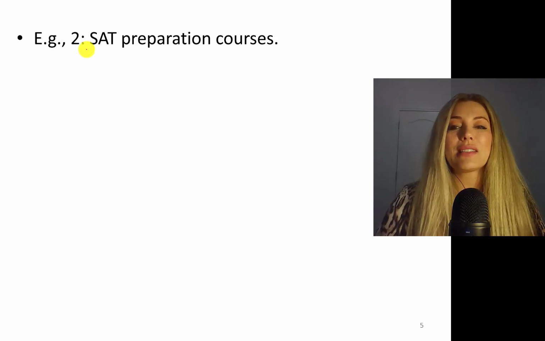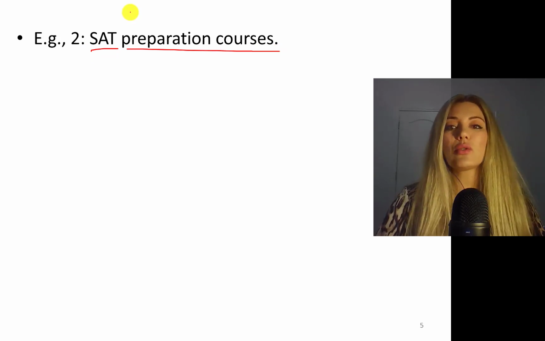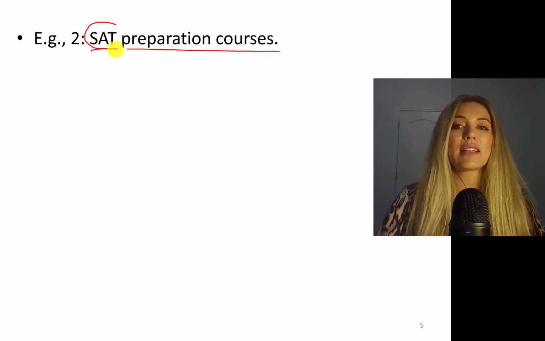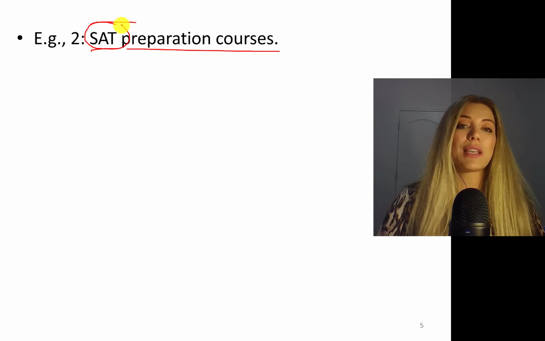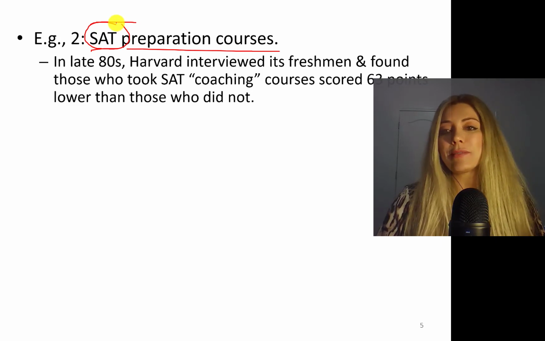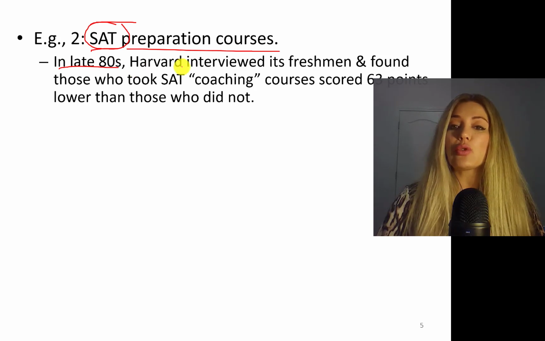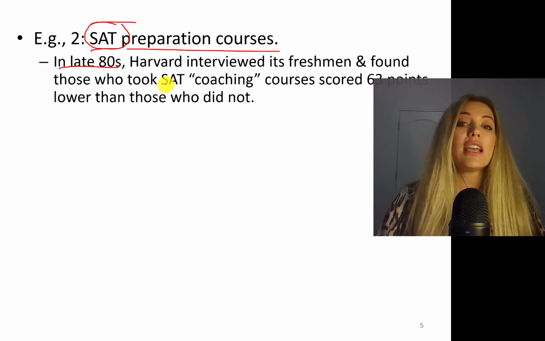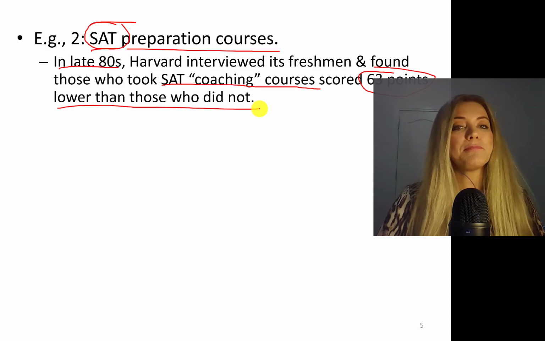Second example, on SAT preparation courses. In the United States, lots of high school seniors take the SAT exam, Scholastic Aptitude Test. This exam is used in some cases in university admissions. In the late 1980s, Harvard interviewed its freshmen and found that those who took SAT coaching courses scored 63 points lower than those who did not.